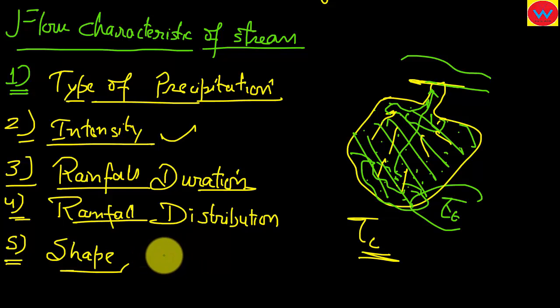Therefore, you can say that if your catchment is long and narrow, then it will yield a low value of form factor. It will yield generally lower peak runoff. First, let us understand some concepts about the shape factor. The shape of the catchment area influences the time of concentration.